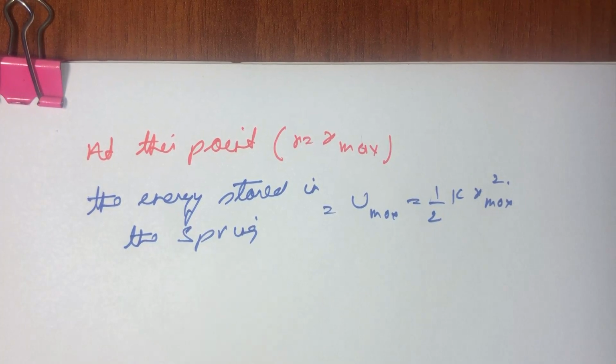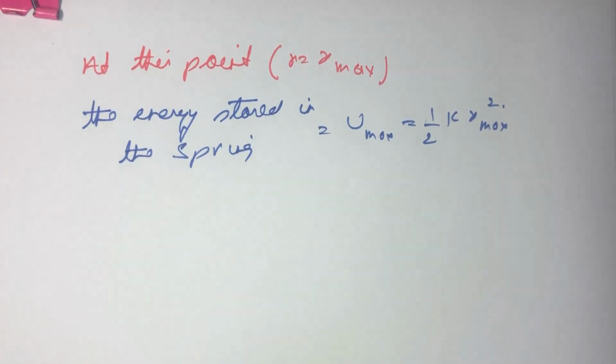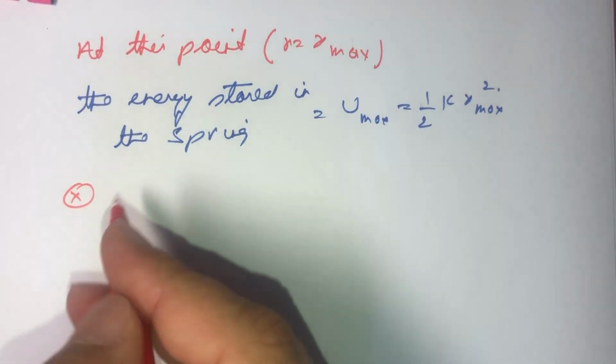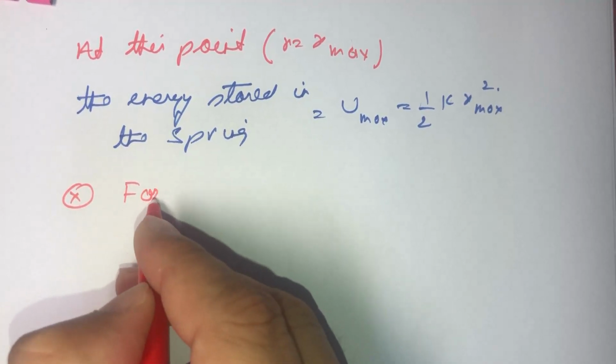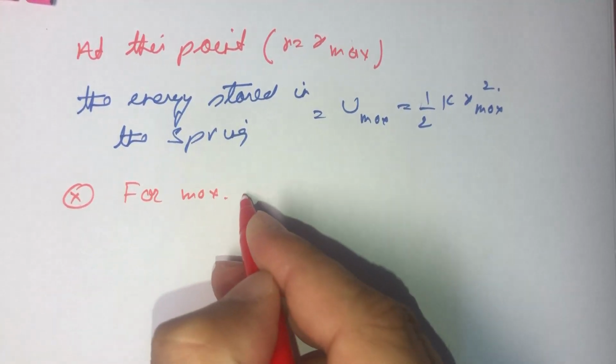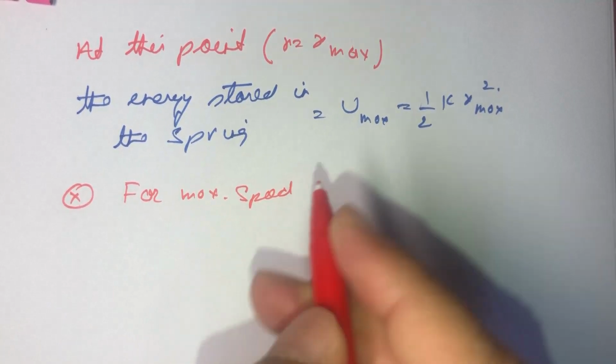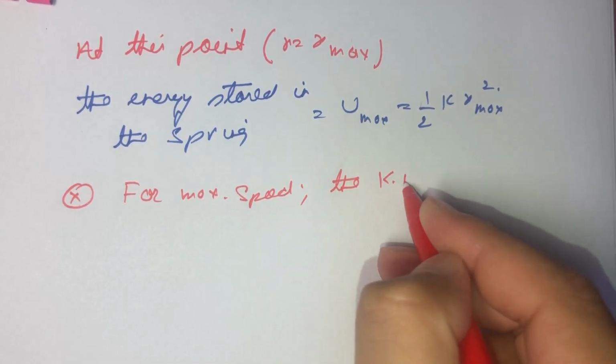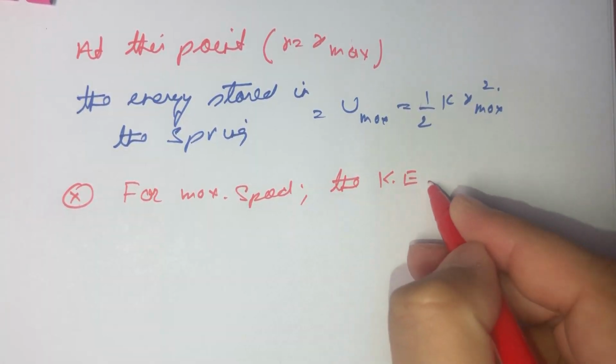And we are supposed to find out the maximum velocity. So we can say for maximum velocity, the kinetic energy will be also maximum. For maximum speed, the kinetic energy should also be maximum.